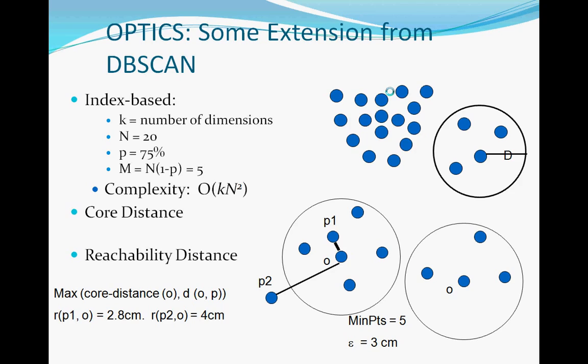That is because the number of min points is equal to 5. The reachability distance of P1 with respect to O is the core distance of O, that is epsilon dash is equal to 2.8 centimeters, because this is greater than the Euclidean distance from O to P1. The reachability distance of P2 with respect to O is the Euclidean distance from O to P2 because this is greater than the core distance of O.